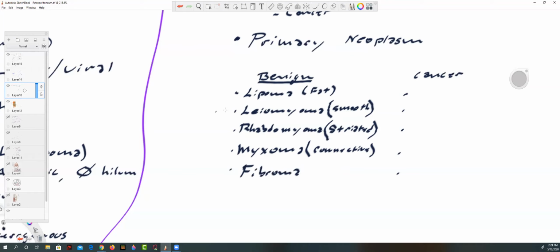And this gets very confusing when we talk about female uterus. Sometimes they'll call them leiomyomas, sometimes they'll call them fibromas. I don't know, but a fibroma is also connective tissue, slightly different connective tissues. So those are the benign.